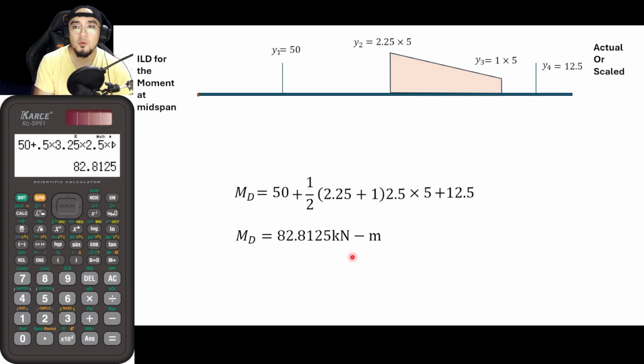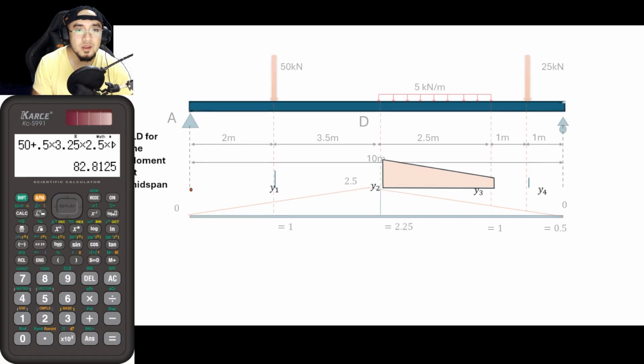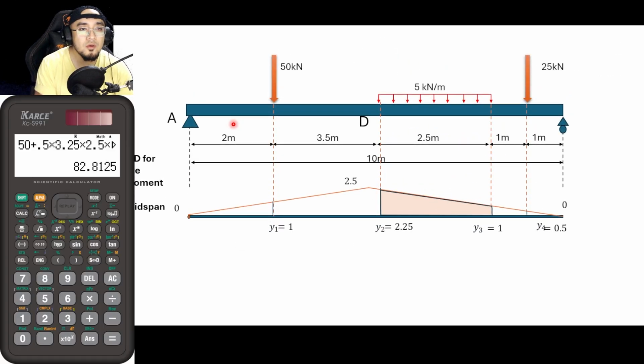But if you are wondering, is it required to really scale this first before proceeding to the final answer? There is actually a shortcut wherein you would not be including this any longer. Rather, if we are to proceed to our ILD a while ago, just multiply. So again, this is the unscaled.